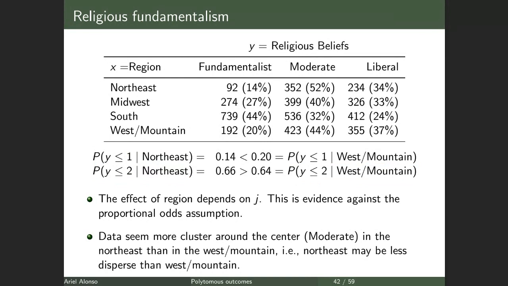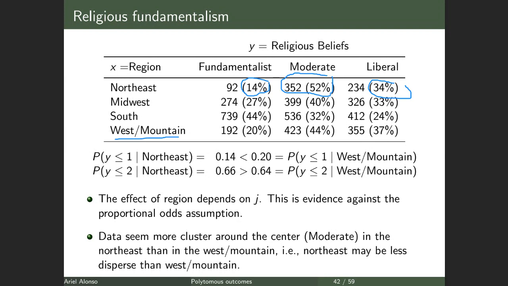And what happened is, if you look at this, it seems that the data are more clustered around the center, the value of moderate, in the Northwest than in the West Mountain. So if you see here, most of the individuals here are moderate. You have a 14% smaller, a 34% larger, right? Whereas in West Mountain, you tend to have more people at the extremes.